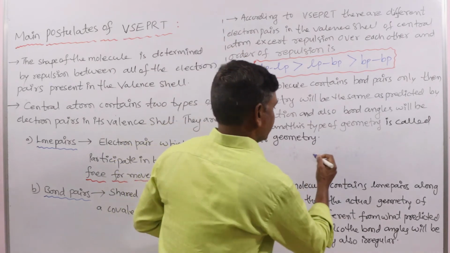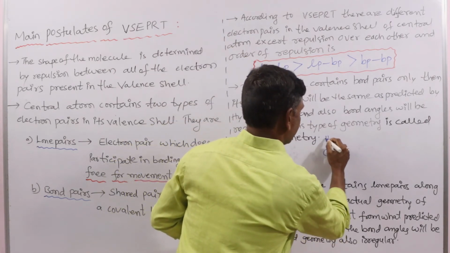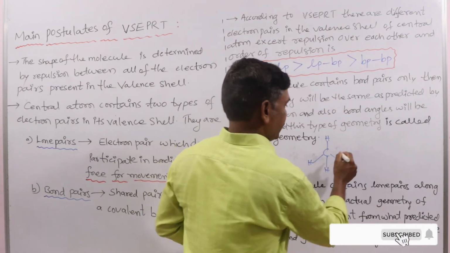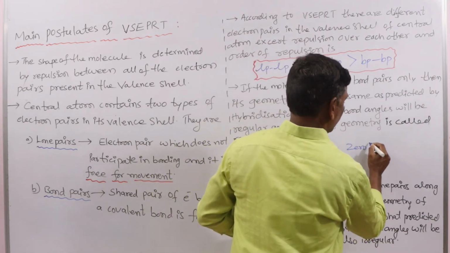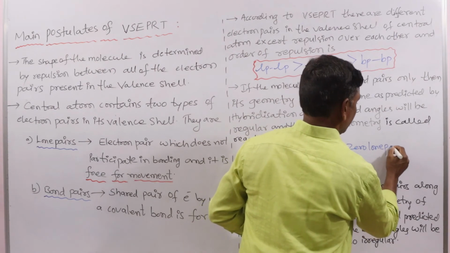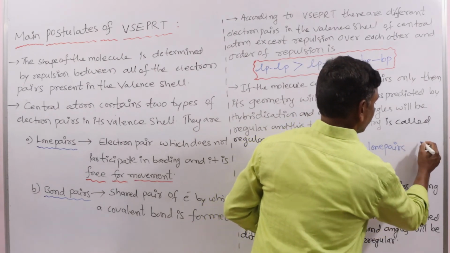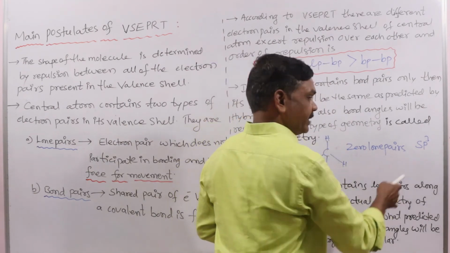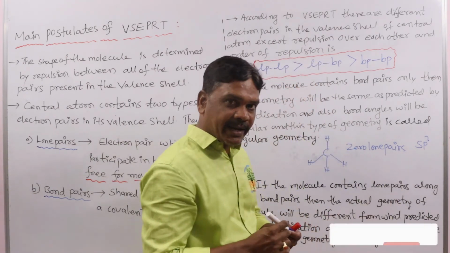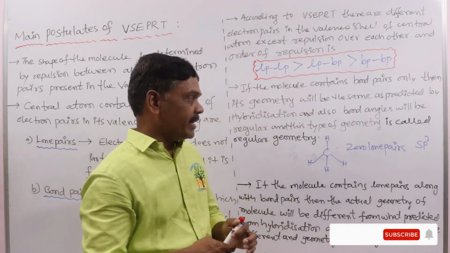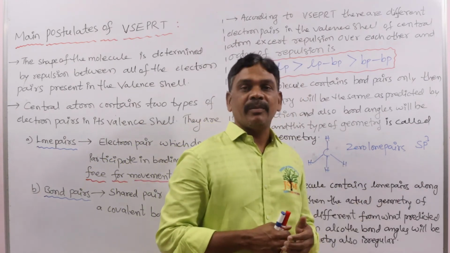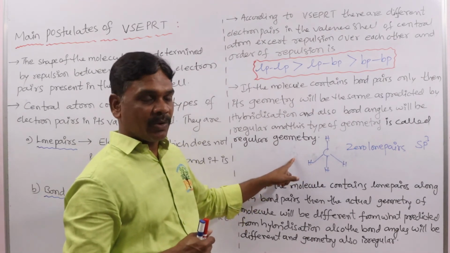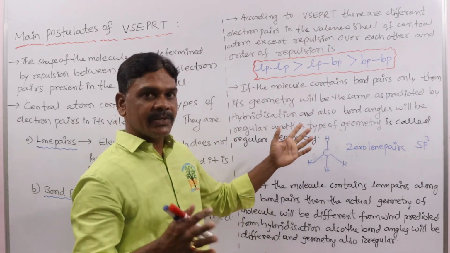For example, methane. All are bond pairs, with zero lone pairs. What is the hybridization? sp3 hybridization. What is the bond angle? 109 degrees 28 minutes. And the geometry is tetrahedral. If all are bond pairs, there is no deviation.